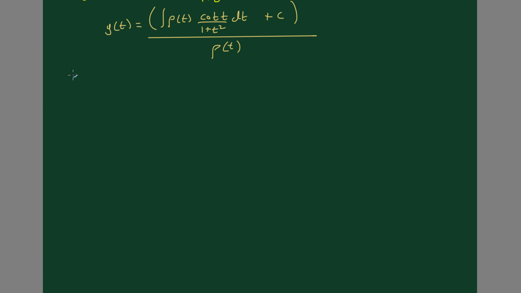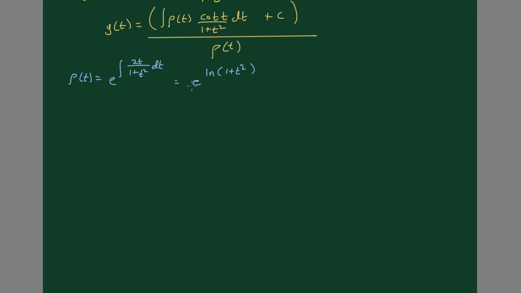So our rho of t is equal to e to the integral of 2t divided by 1 plus t squared dt. If we integrate 2t over 1 plus t squared dt, we end up with ln of 1 plus t squared, the natural logarithm of 1 plus t squared. So this is equal to e to ln of 1 plus t squared.